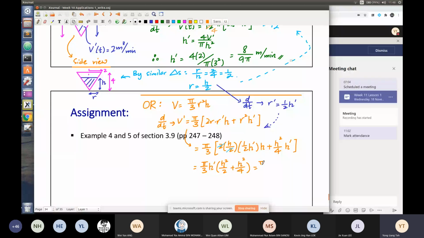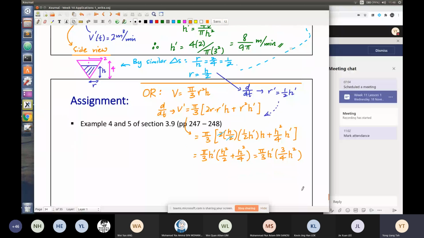So this awfully looks like pi over 3 h prime, right? Then this guy is actually 2 over 4 plus, so it's actually 3/4. So 3/4 h square. Okay? So therefore you strike this 3 off.